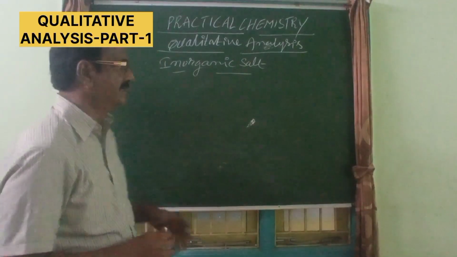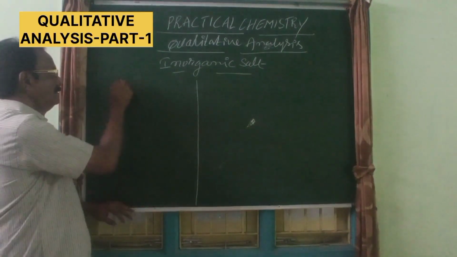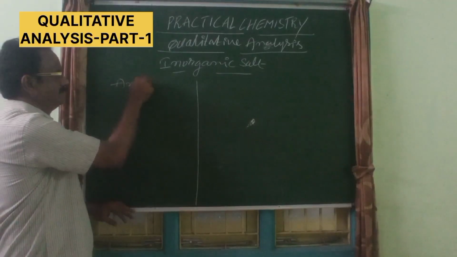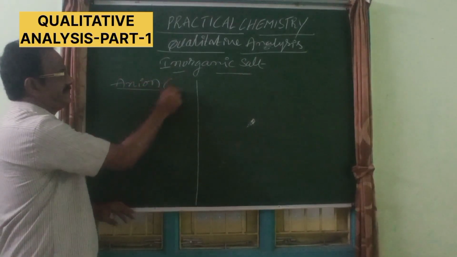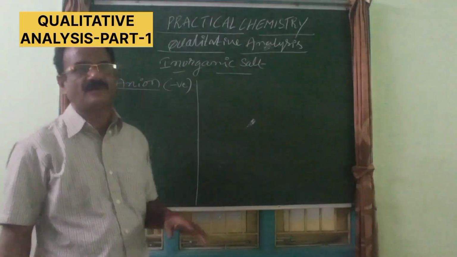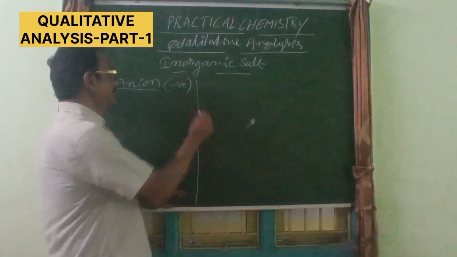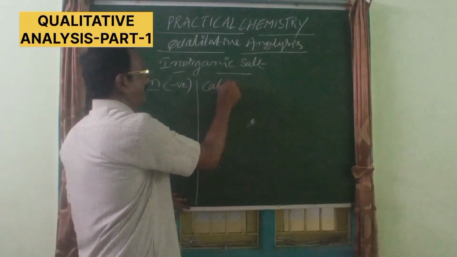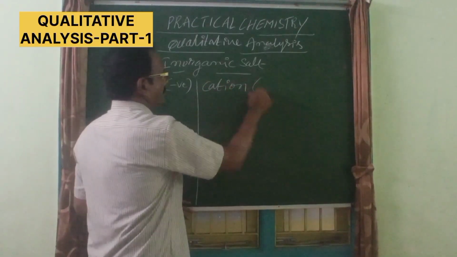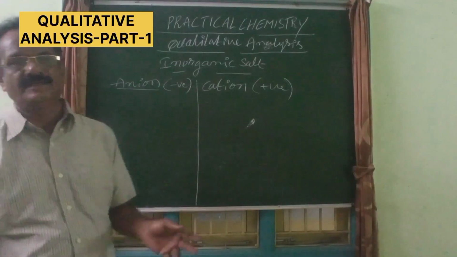See here, what is anion? Anion means a negatively charged part of a salt. A negatively charged part of a salt is said to be anion. So what is meant by cation? A positive part of a salt is said to be cation.